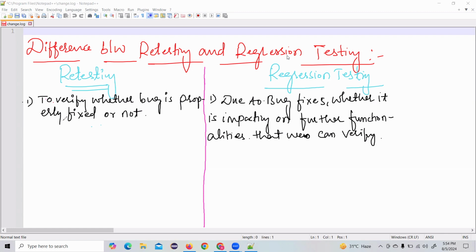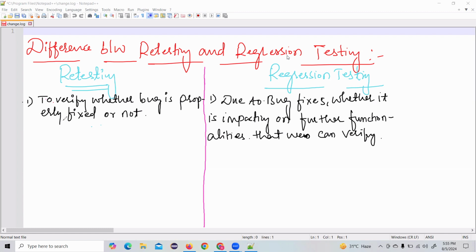But in retesting, we should find the defects. We are checking the functionalities of the software, whether it is fixed properly by the development team or not. So defect finding is part of retesting, but it is not part of regression testing. Did you understand clearly?